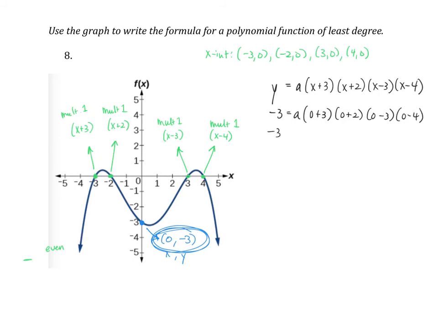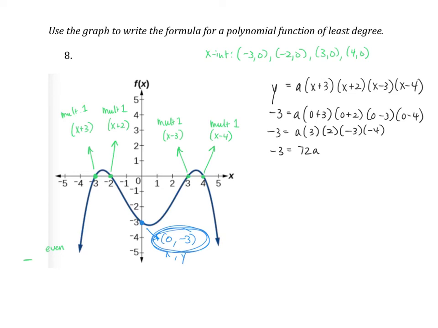So I have negative 3 is equal to a times 3 times 2 times negative 3 times negative 4. So this is going to be 6 times 12, which is 72. So negative 3 is equal to 72a.